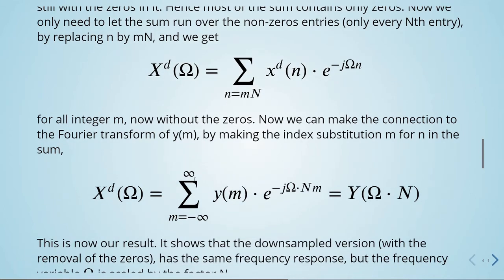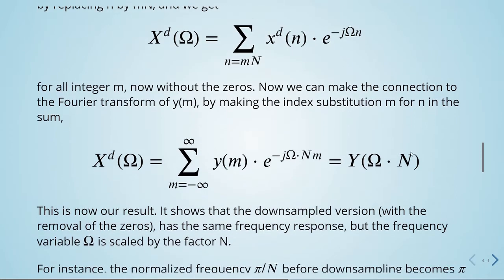So we have this result, and it shows that the downsampled version with the removal of the zeros has the same frequency response, but the frequency variable omega is scaled by the factor of capital N, which is the downsampling factor.